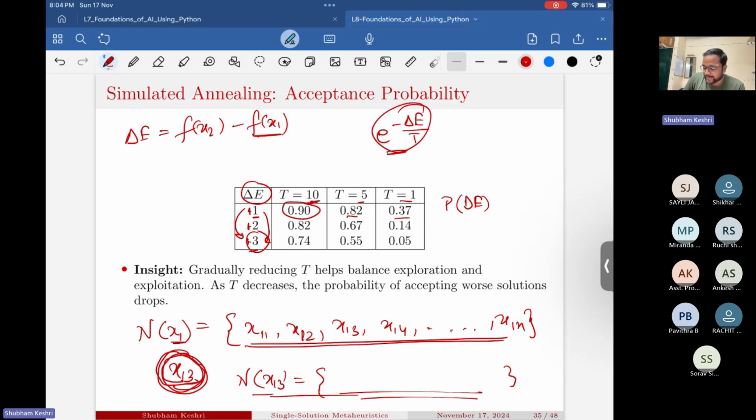And then again it creates its neighborhood and does the same thing in this new neighborhood. And if it rejects this neighbor, then it will randomly pick one more neighbor from x1. And then it will again do कि अगर it is better, then move to it and generate its neighbor, and if it is not, then there is some probability with which it will move to that neighbor. When it moves to that neighbor, then it creates its neighborhood and repeats the process again.